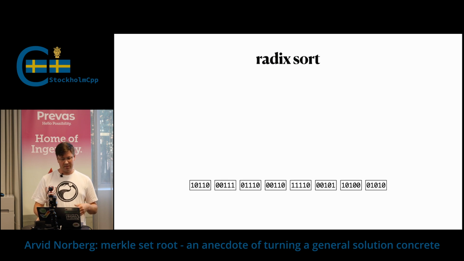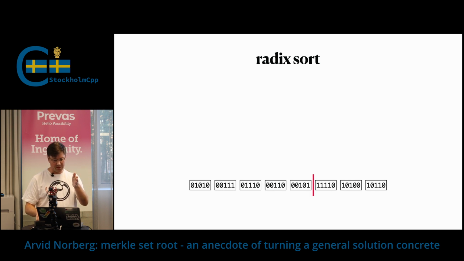So let's try this example again. I'm not going to go through the entire algorithm, but the first thing we do is we run one step of sorting and finding the sort of cutoff point where they divide. We recurse down the left side, do the same thing, sort them by the second bit, split them.